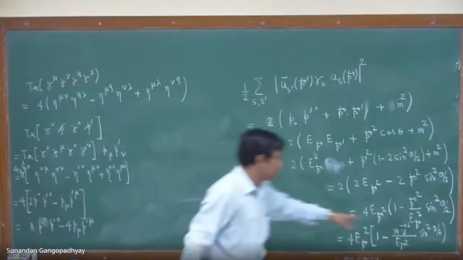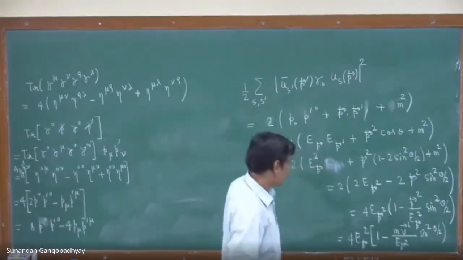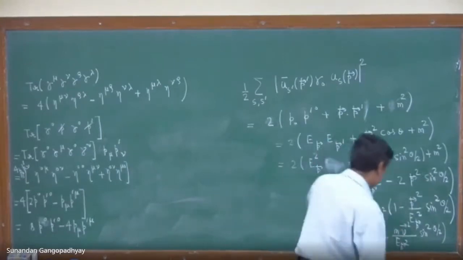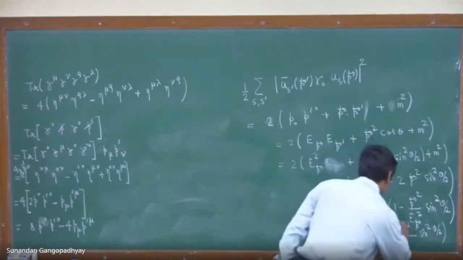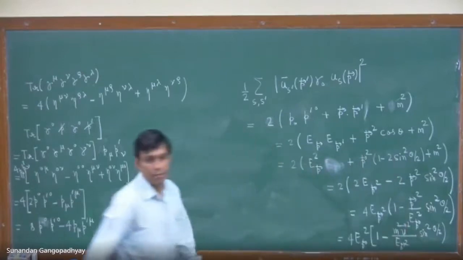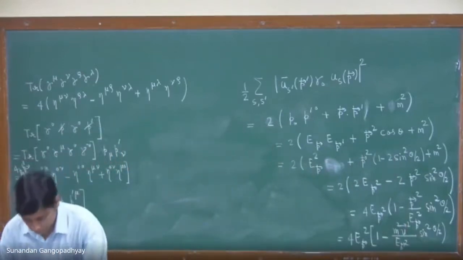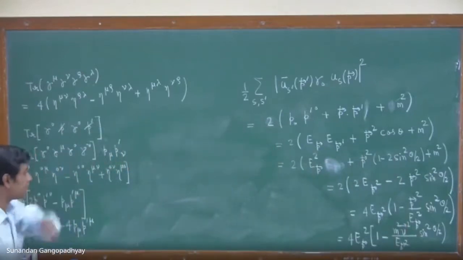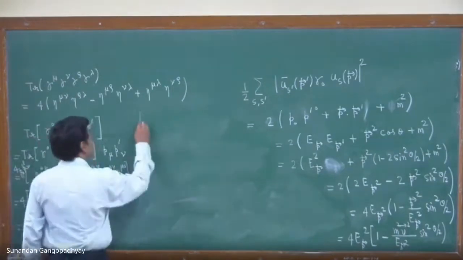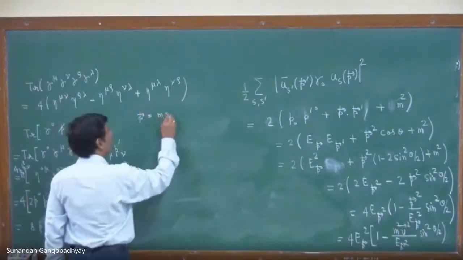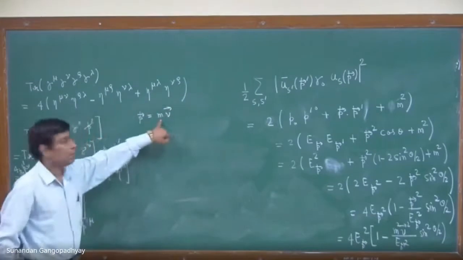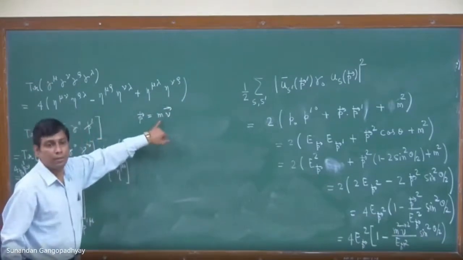See, momentum, this is what? I just made a mistake. This is mv, so this will be m square v square. I'm using P is equal to mv. See, gamma is there. Okay, just, okay.